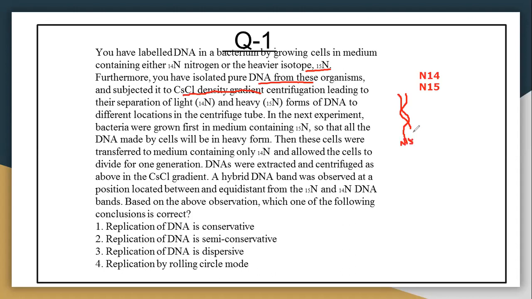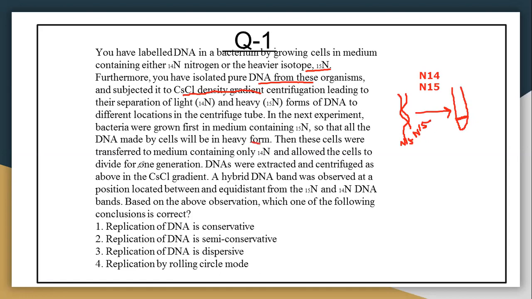So these will be N15, this also will be N15. After centrifugation, as it is heavier, you will get the band in the lower portion, right? It shows that all the cells are now in the heavy form.